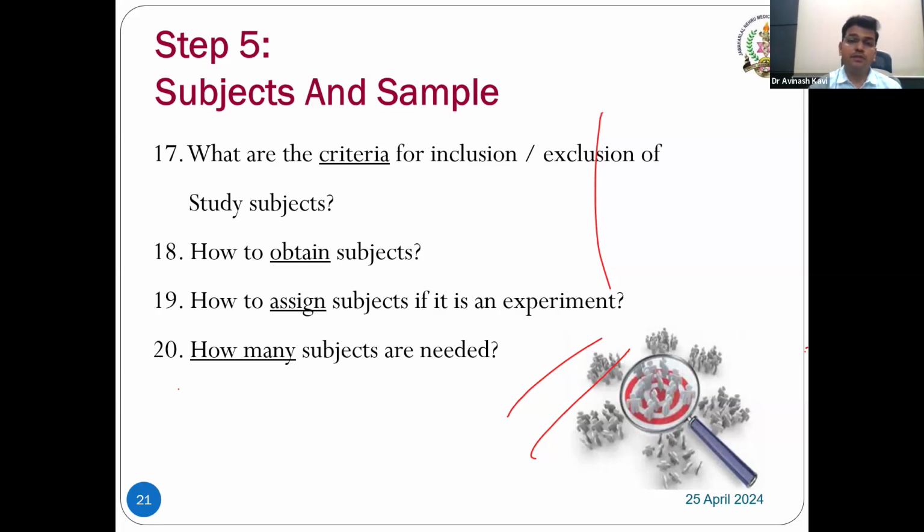Either we are searching for the subjects in the community, in a field practice area, or in the hospitals. That has to be decided based on the research question. And how to assign the subjects if it is an experiment? That is the heart of controlled trials, what we call randomization. How do we actually go about randomization? There are different methods of randomization that can be adopted.